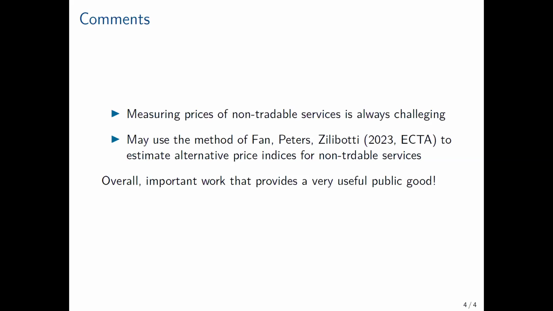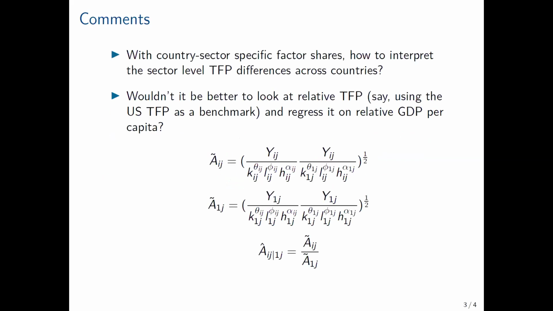Go ahead and we'll go to the second round. Right, thanks. First of all, thanks for the comments in the discussion. Maybe as a first part, if you have different factor shares across countries, how do you account for that?